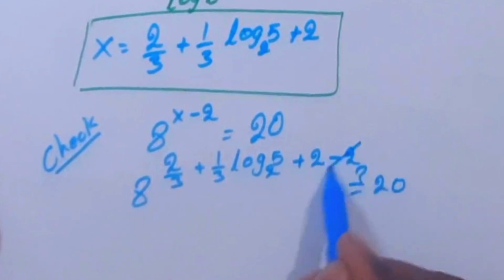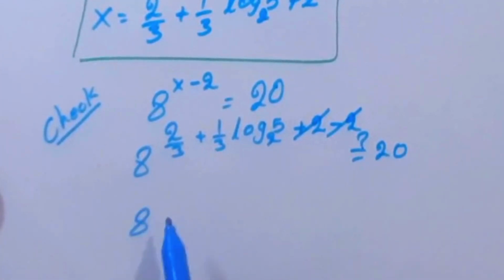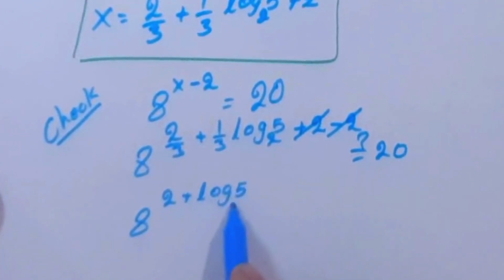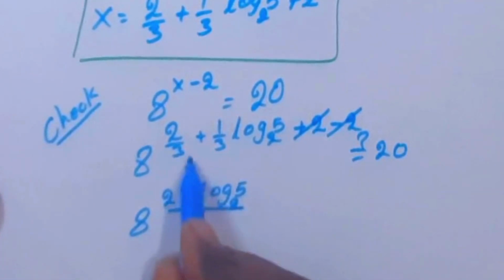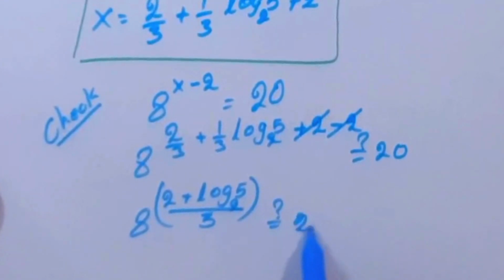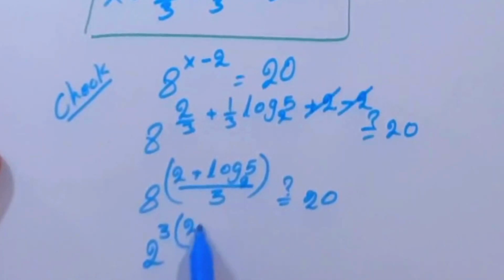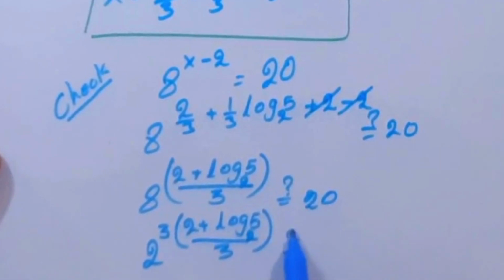Now this minus 2 plus 2 cancels each other. Now we have 8 power 2 plus log 5 base 2 by 3 equal to 20. Now this 8 can be written as 2 power 3, times 2 plus log 5 base 2 by 3 equal to 20. This 3 cancels this.